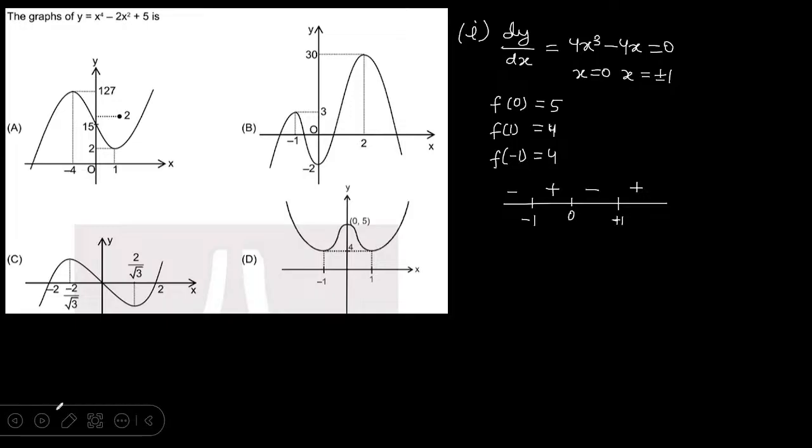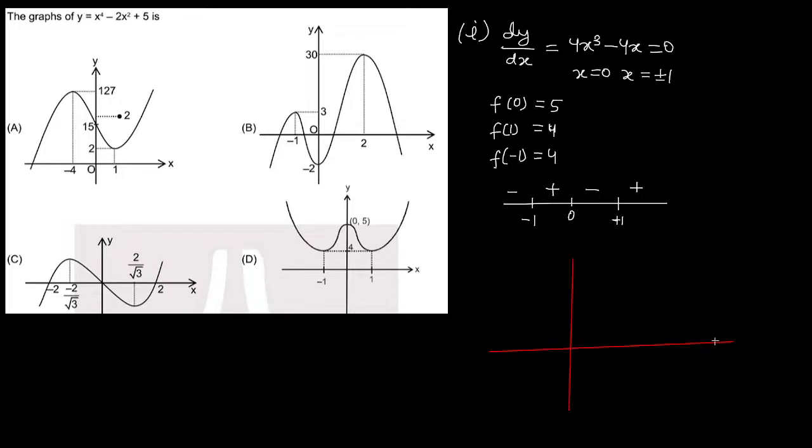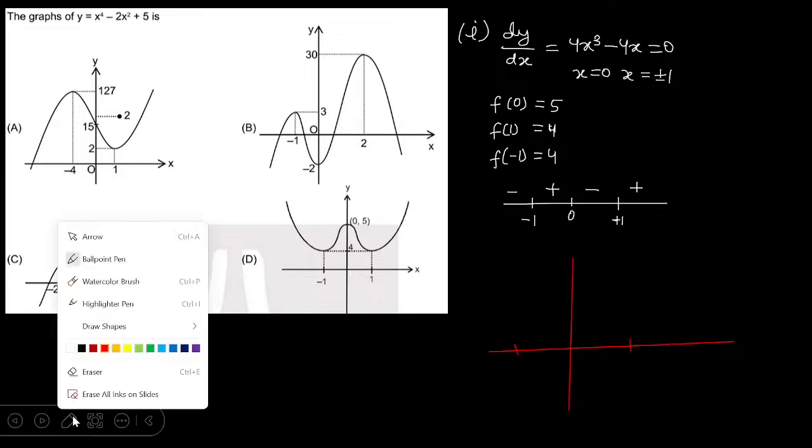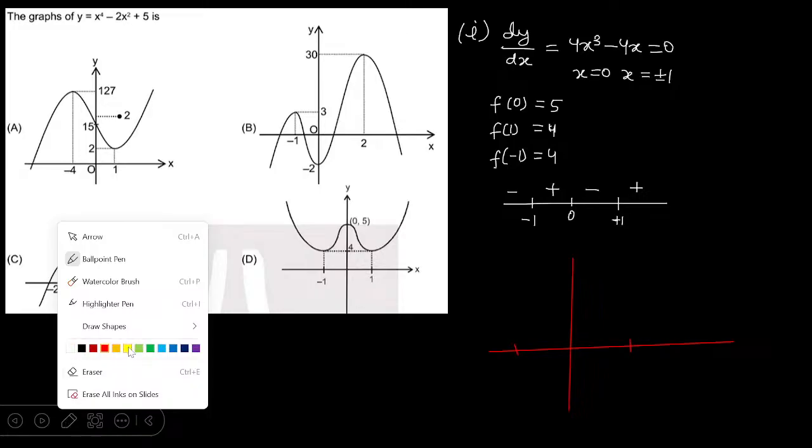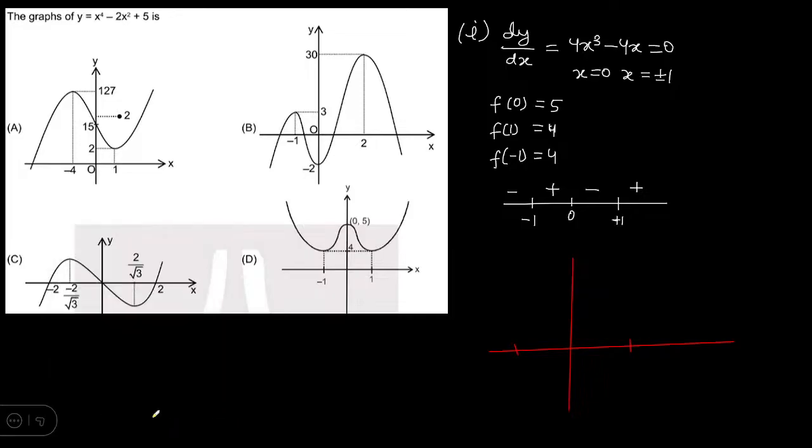Now we have a plotting time. Let's go with the plotting time. Minus 1, 0, 1. At minus 1, we are 4.